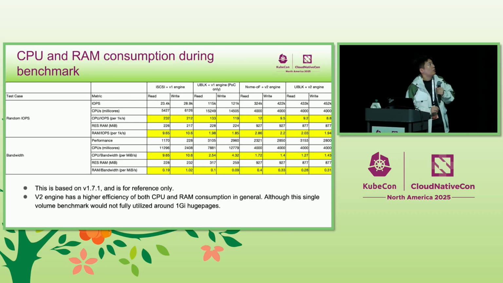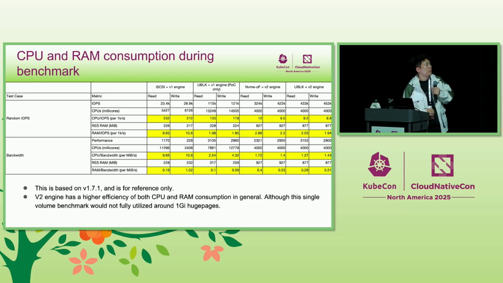And here's actually one more benchmark we did during the V2 POC. As you can see, for the same amount of IOPS, the V2 data engine consumes much less CPU and RAM. The only exception in this chart is in the bandwidth related benchmark along with the RAM, because V2 requires dedicated huge pages.